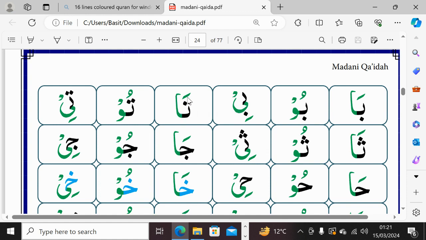Ta, alif, zabar, ta. Ta, waw, pesh, tu. Ta, ya, zer, ti. Ta, tu, ti.